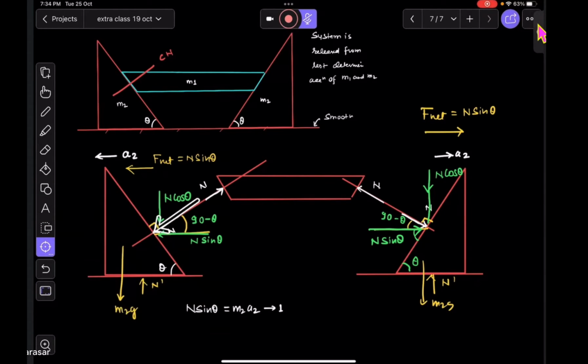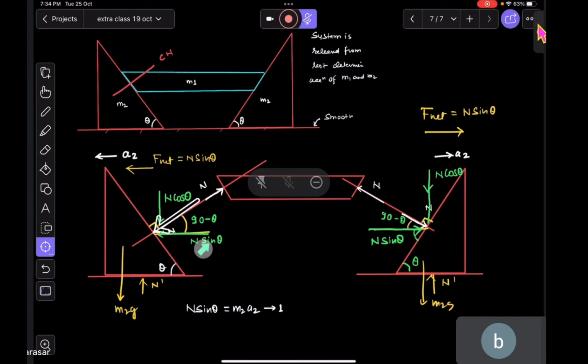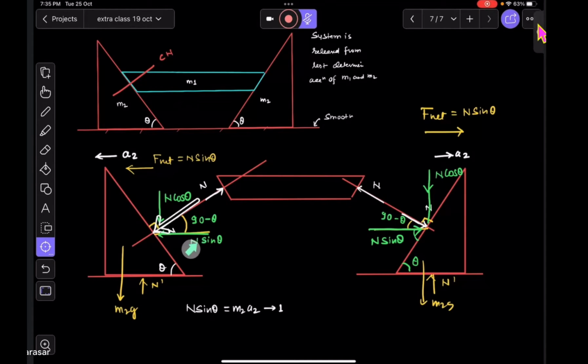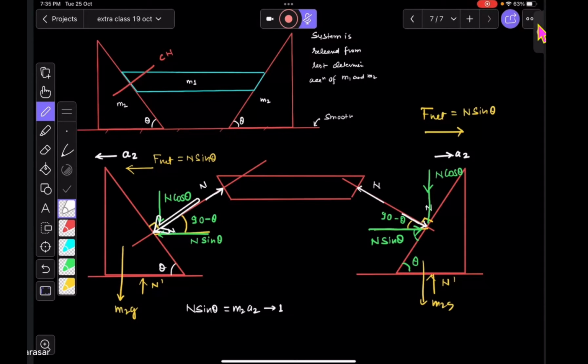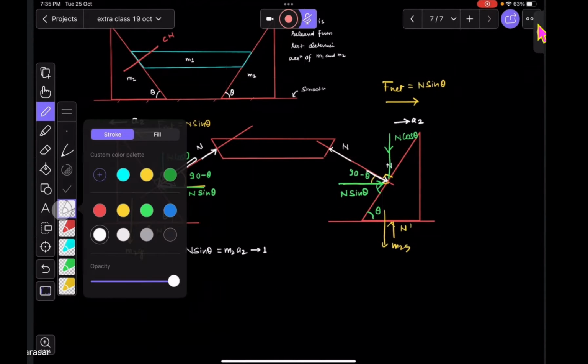The normal contact force acting on the wedge in the horizontal direction has component N sin theta. Or we can say the rod is pushing the wedge in the horizontal direction by N sin theta. So our rod will also be pushed by the same. I've drawn too closely. Maybe I'll draw for the rod separately.